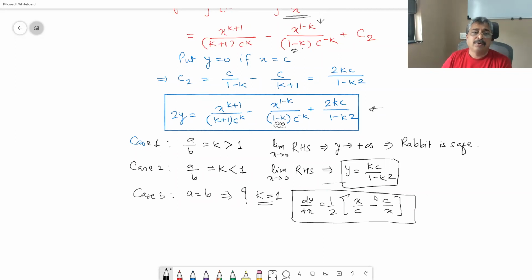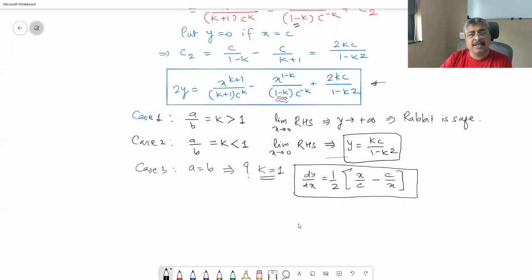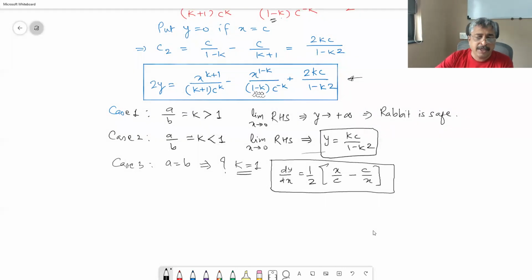Now understand what I am trying to say. dy by dx is the slope at a local point, correct?